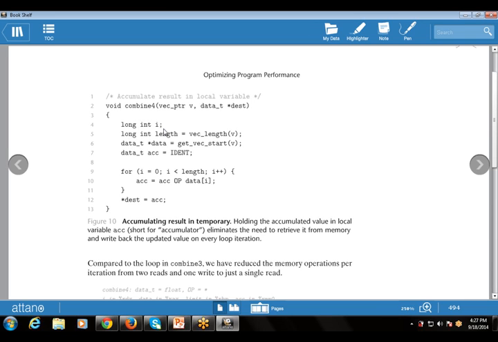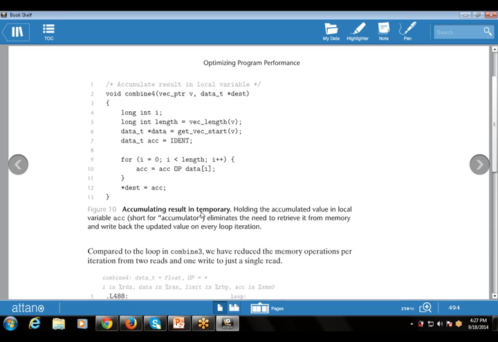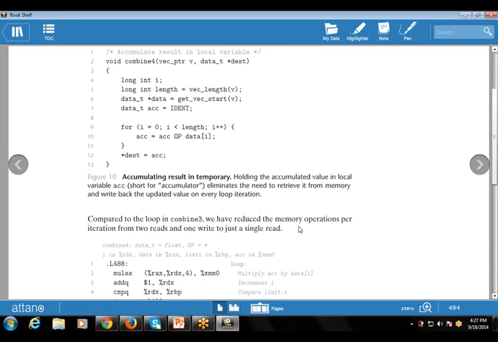Then using the for loop, for i equals 0, i is less than length, i plus plus, acc equals acc OP data[i]. First it will execute with 0, then 1, then 2, then 3, till the length of the vector, calculated by vec_length. Then the pointer dest stores the address of the accumulator variable, that is your accumulated value. This is the accumulated value.